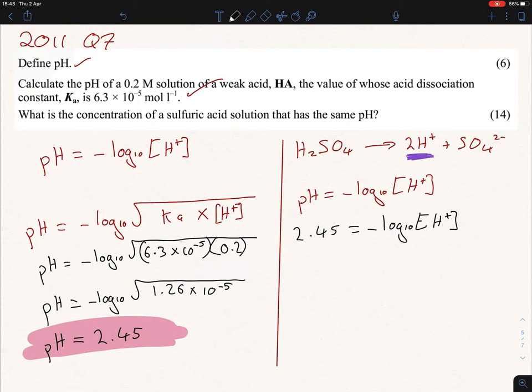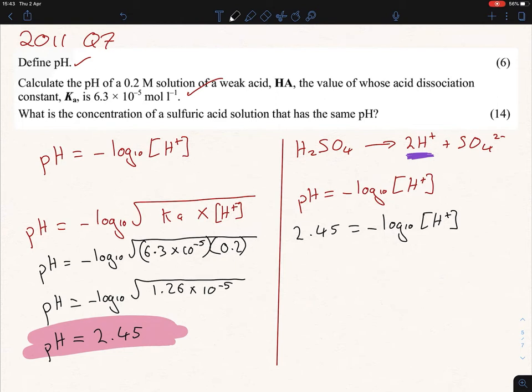Okay, so students find this tricky here in terms of how do you go and bring the log across. Now, if you bring that log across, okay, you have to type it into your calculator like so. You're going to type in shift or second function, okay, shift, and then you're going to type in minus, shift log, I should say.